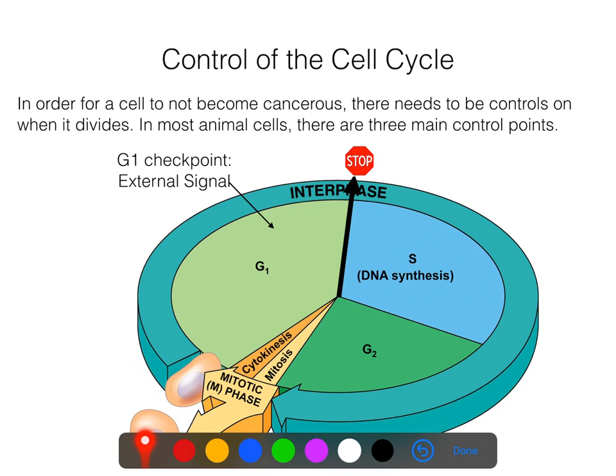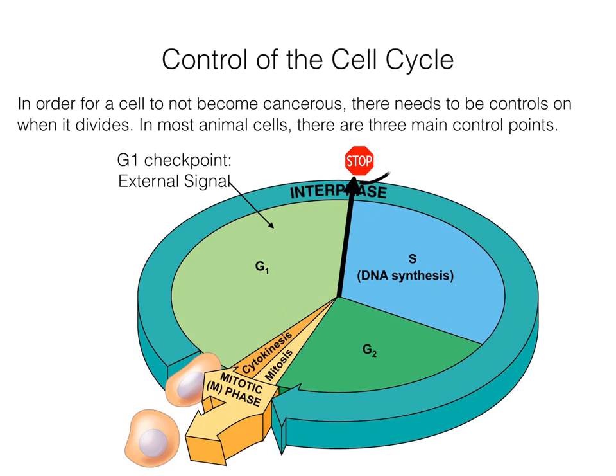What you'll have is a skin stem cell will divide, and then one of the two resulting cells will become a new skin cell, and the other one will stay a stem cell and keep dividing. So most of the cells in your body are actually not supposed to divide.